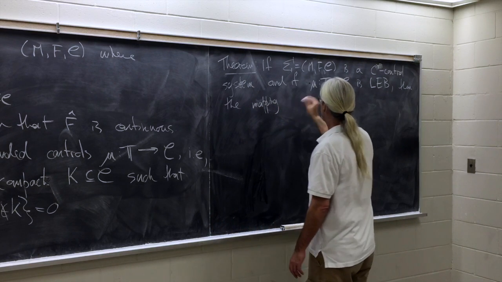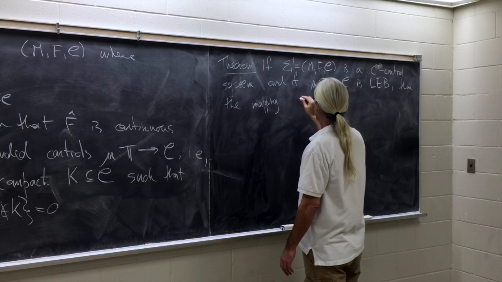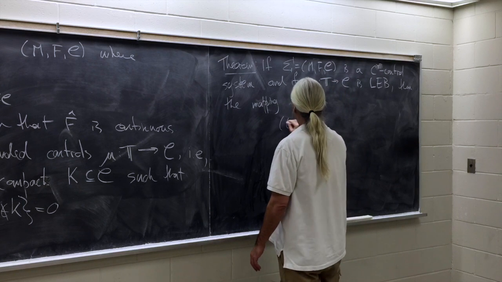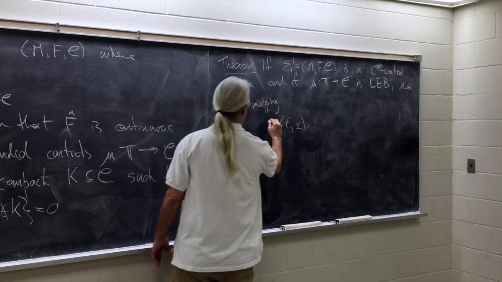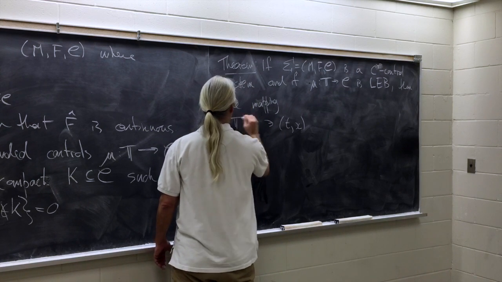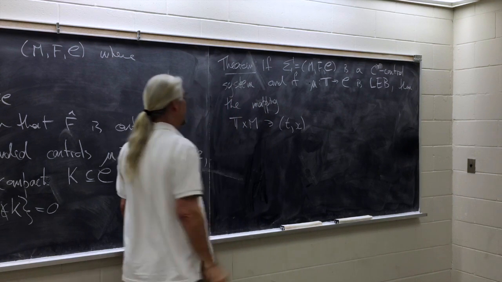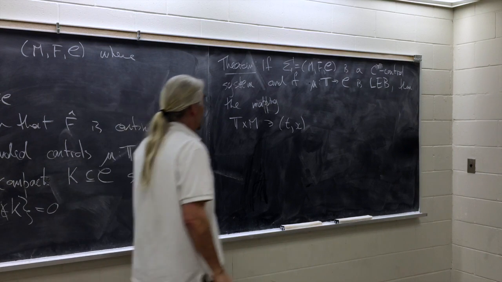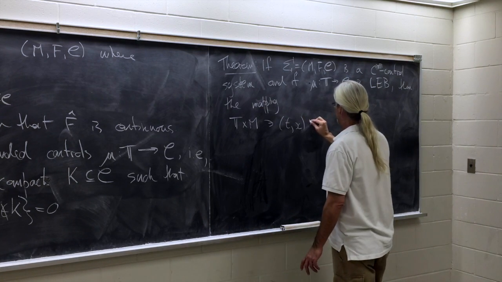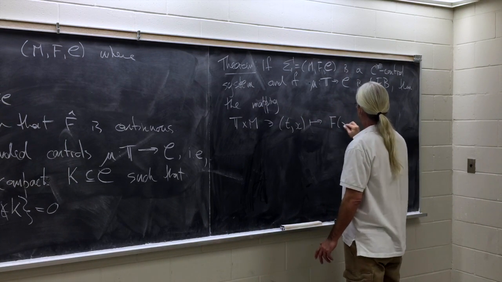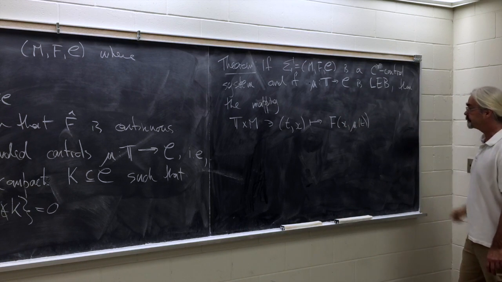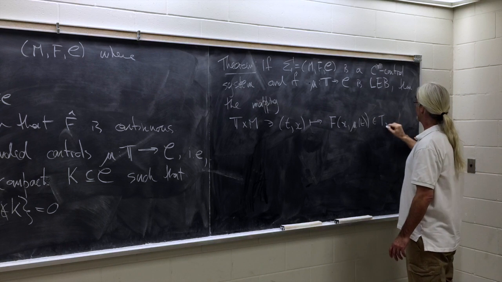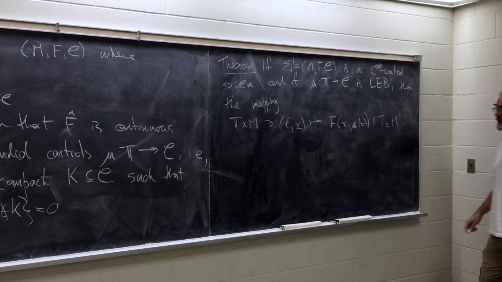So what I'm going to get is a mapping which takes a time and a point x, in my time domain T across M, and sends me to F of x, u of t, which will be an element of that tangent space.